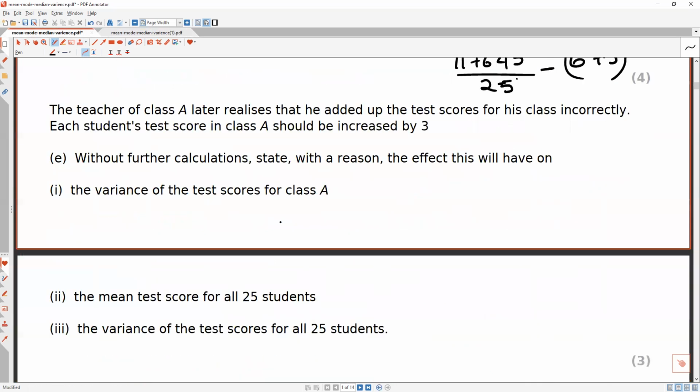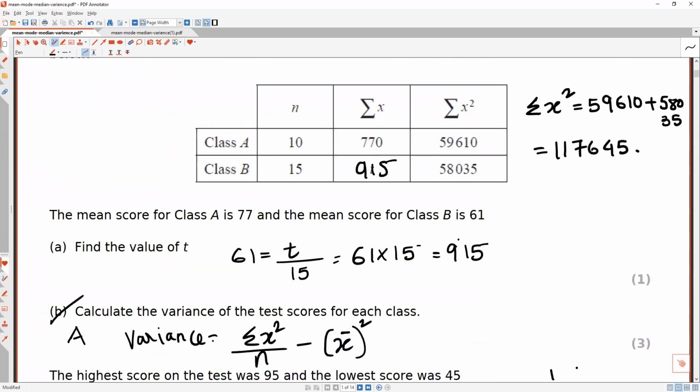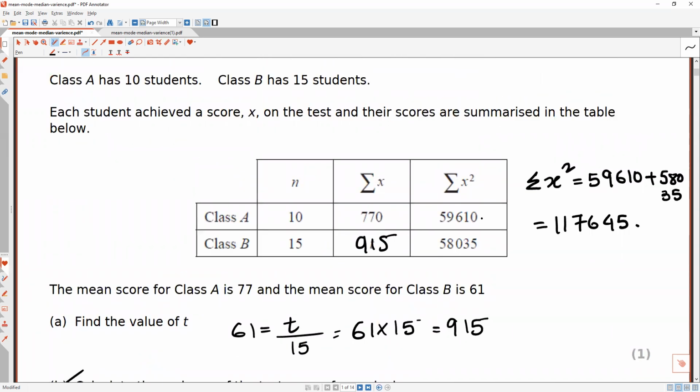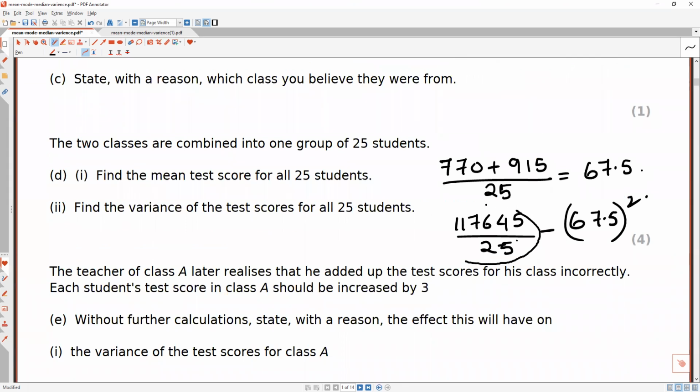Okay, now the variance of the test scores of all 25 students. Here comes the main part. Look, what will happen to the square? Your sigma x square will increase, so overall this will increase, right?